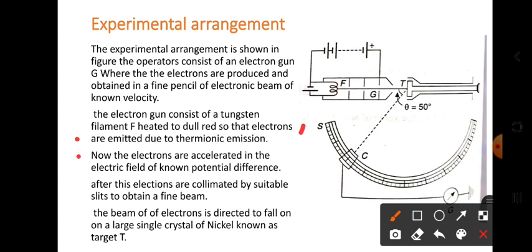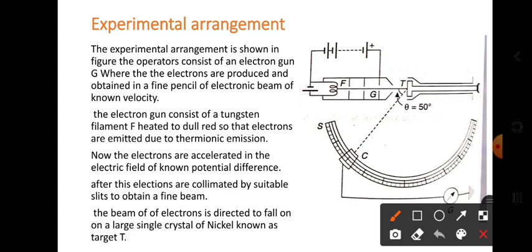Next point: the electrons are accelerated in the electric field of known potential difference. See here, we are giving a potential difference.